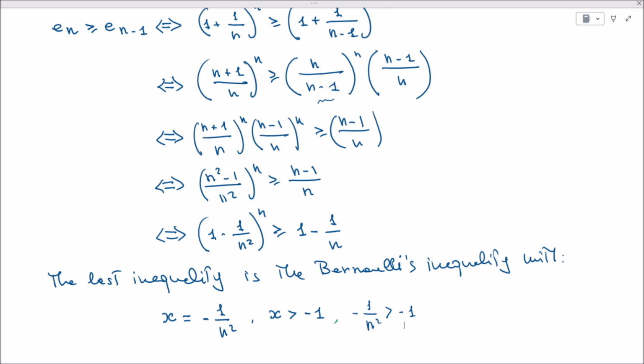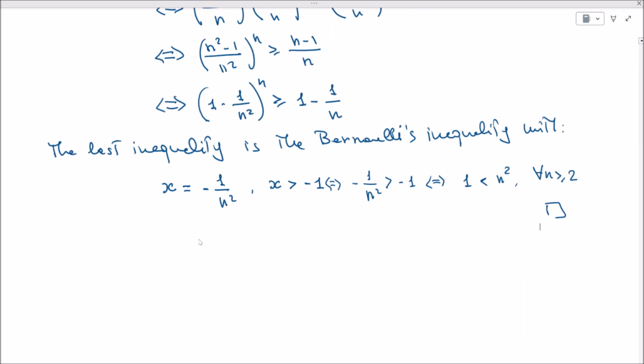If we multiply this by minus n squared, we get that 1 is less than n squared, which of course is true for every n larger than or equal to 2. So we can definitely say that this finally proves that En is weakly decreasing.